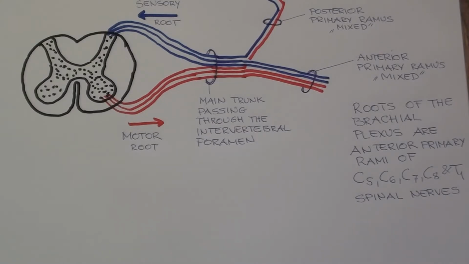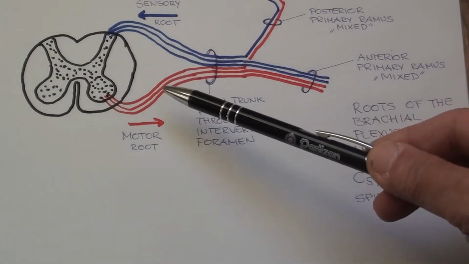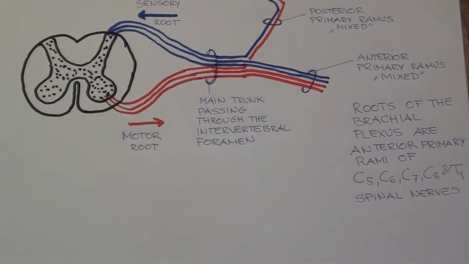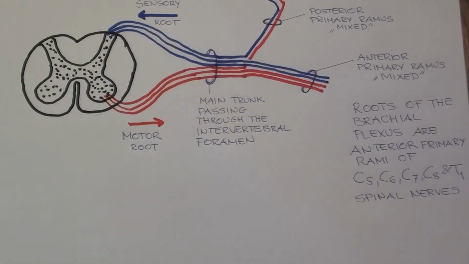That is at the same time the only part of the nerve where we can see that sensory and motor fibers are physically separated into the anterior or motor root of a spinal nerve and the posterior or sensory root of the spinal nerve. Of course, roots are only seen while the nerve is still entrapped within the spinal canal.